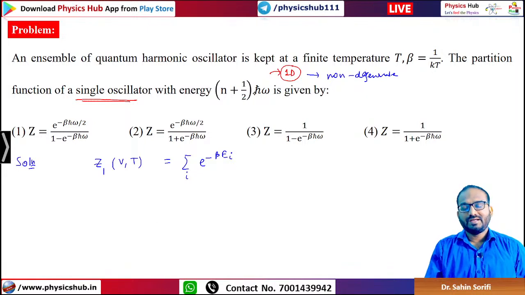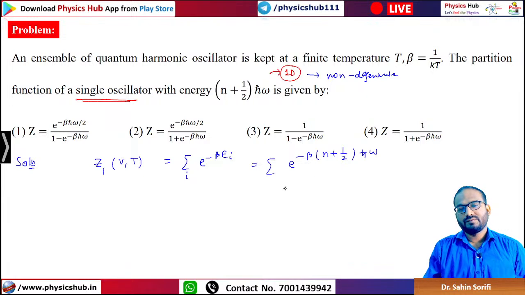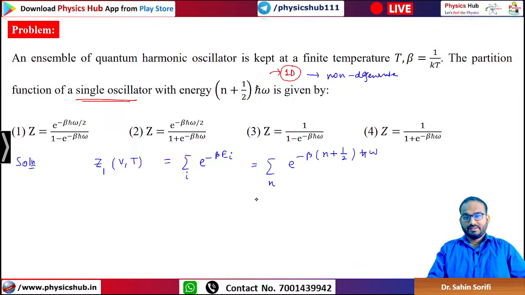Ei is equal to n plus half h cut omega. So sum over e to the power minus beta times n plus half h cut omega. Obviously this summation will now be over n. So we will be putting different values of n. n starts from 0, 1, 2, 3 and so on.